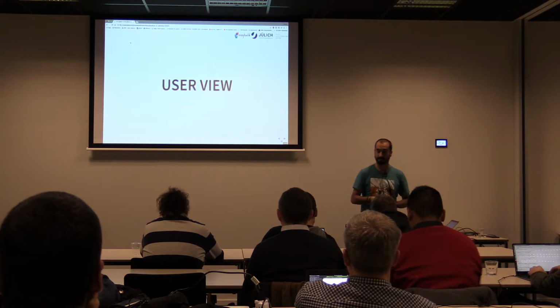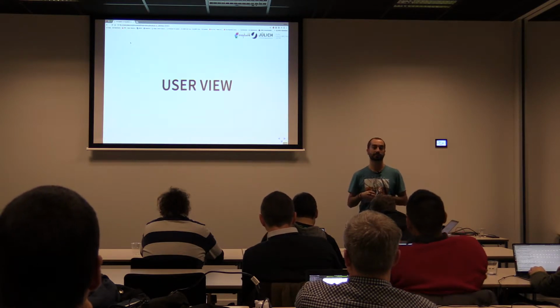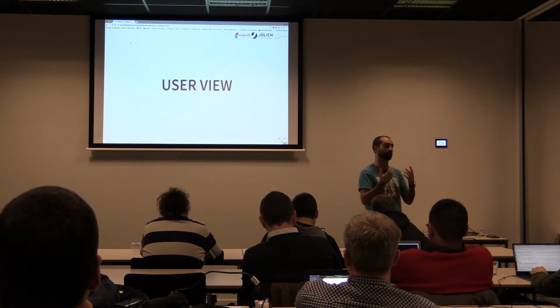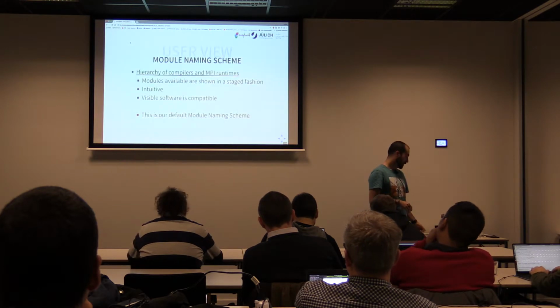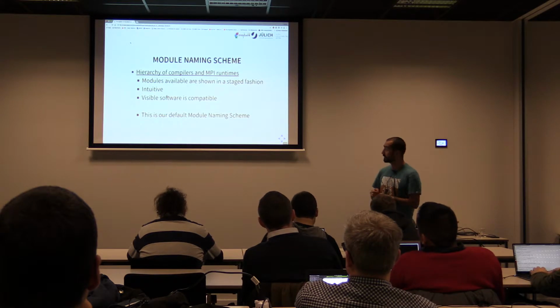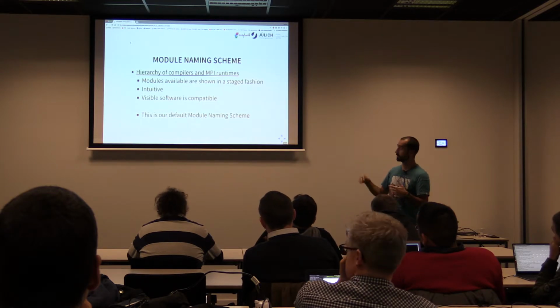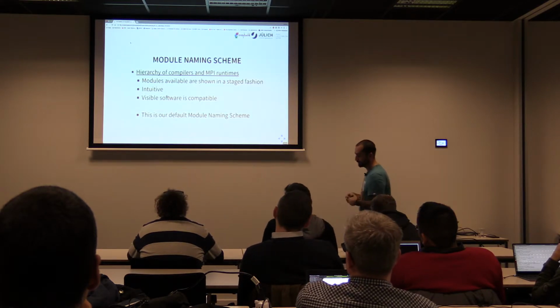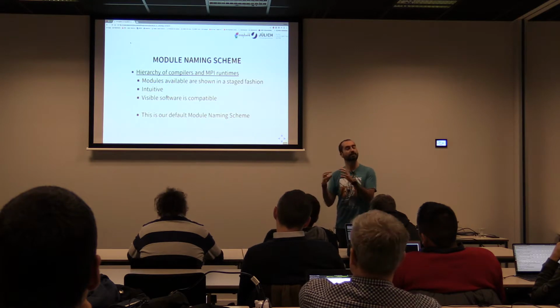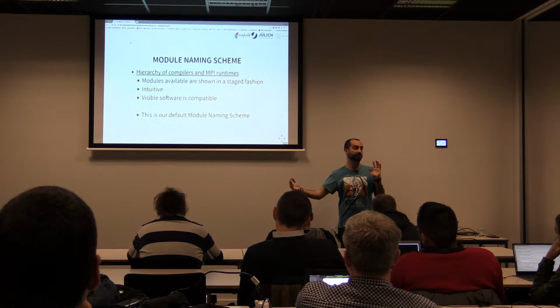So to try to make things easier to manage this holy mess of environmental requirements, we went for a hierarchy of modules. That is something different from the default module naming scheme of EasyBuild. Essentially you present first just the compilers, and when you load the compiler, the module path gets extended.